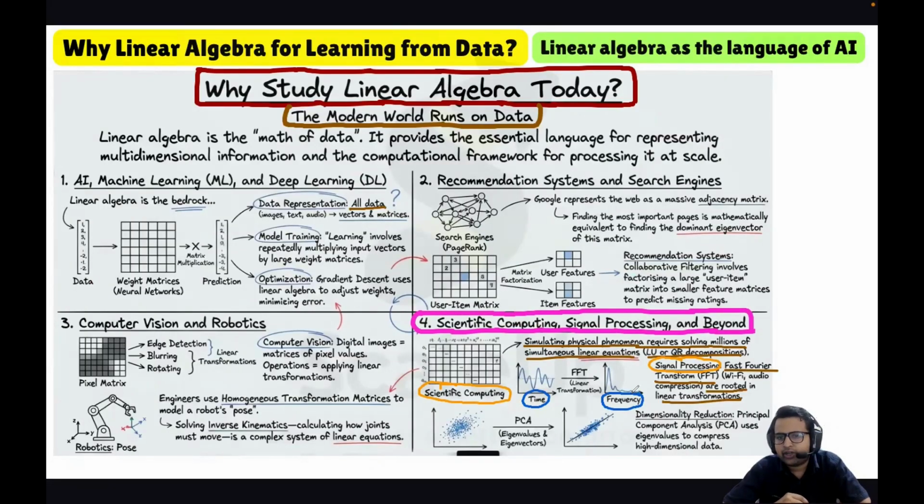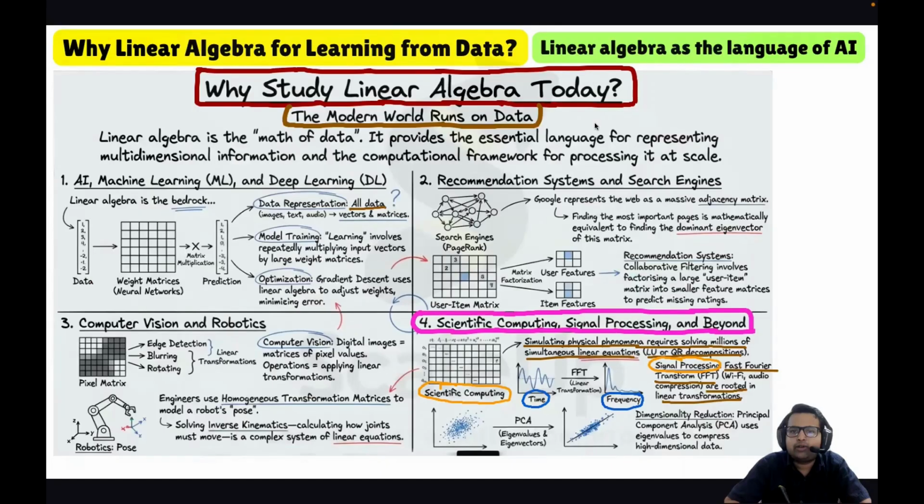So the fast Fourier transforms make use of linear transformations, which is a concept of linear algebra. So linear algebra plays a role in signal processing also.